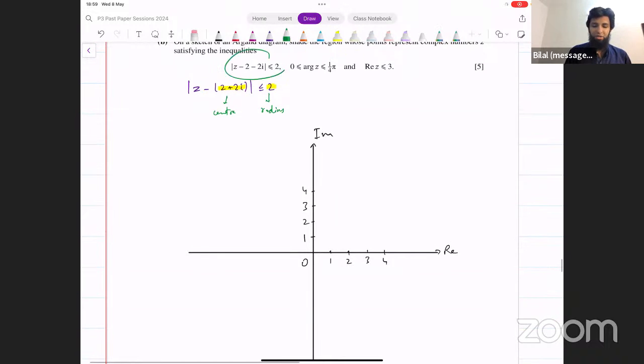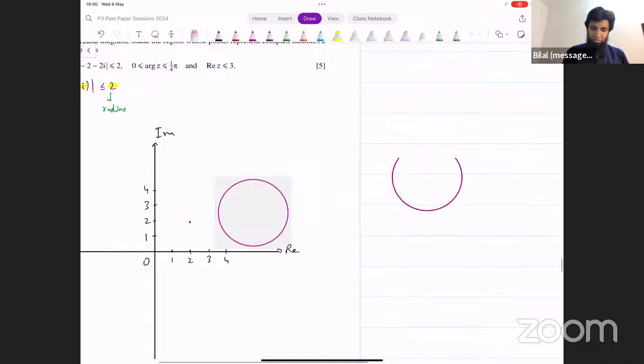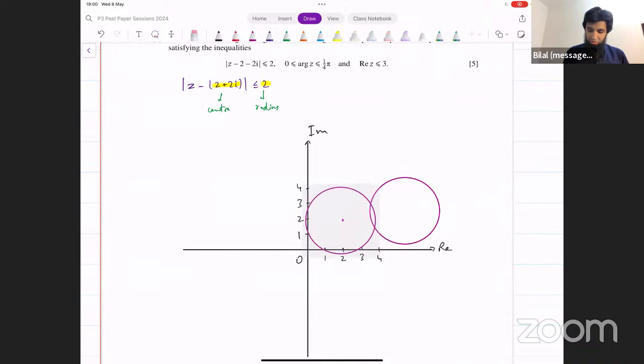Okay, so the first locus is a circle because we're talking about one point and the distance from one point. That's a circle, okay? Radius 2, center at 2 plus 2 iota, that will be here. Let's draw that circle. Now, since the radius is 2, this circle has to just touch the x-axis and the y-axis.